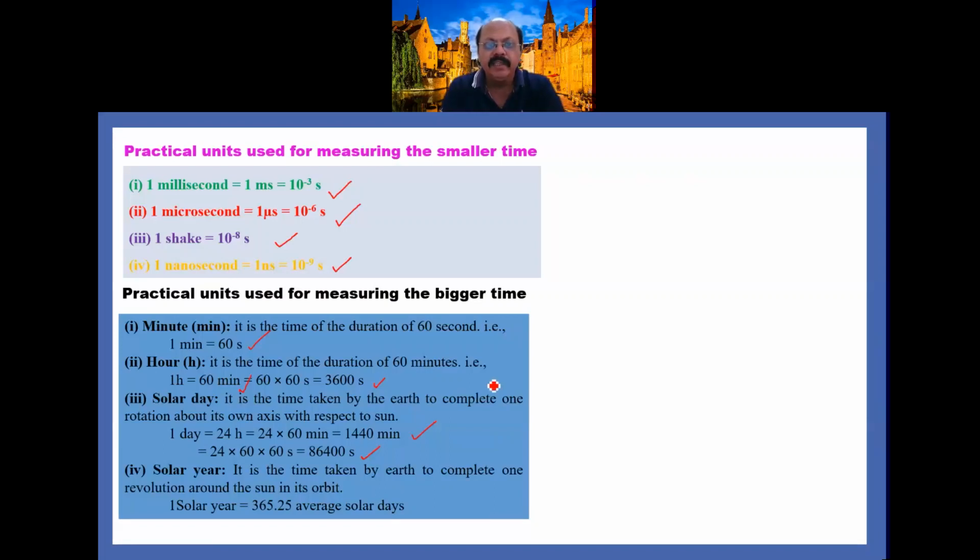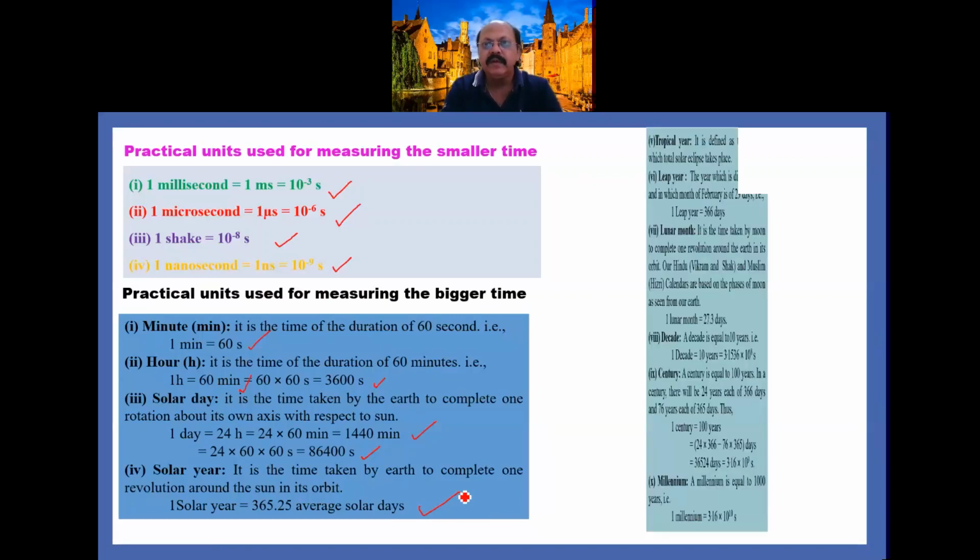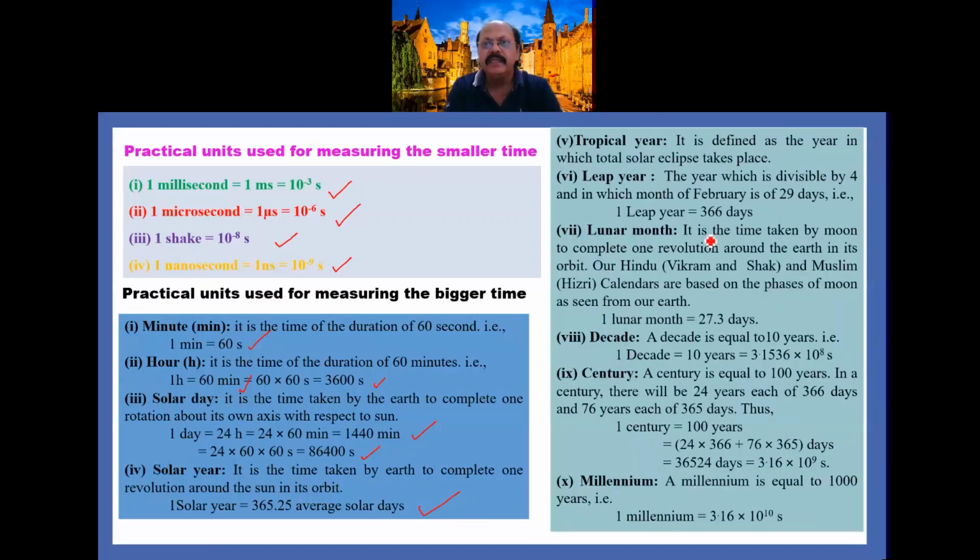Solar year is the time taken by Earth to complete one revolution around the Sun in its orbit. So one solar year equals 365.25 average solar days. There are some more units which are here. You can see tropical year.